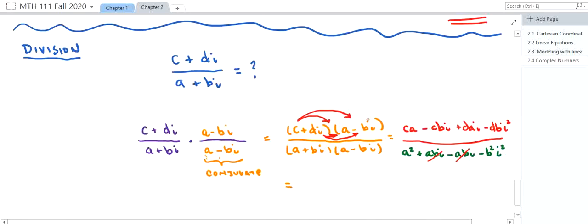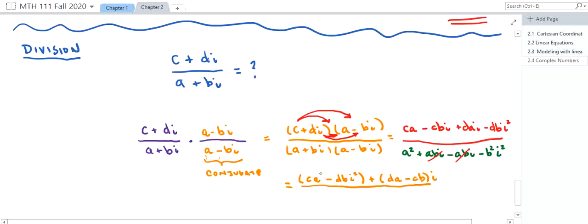So I'm going to divide this into the real and imaginary portions up top here. Oops, that's going to really confuse everybody. Let's keep that in parentheses. Good distance away. So CA, and I'm going to go minus dBi squared, because I know that's going to turn into a real number, plus, then I've got dA minus CBi.